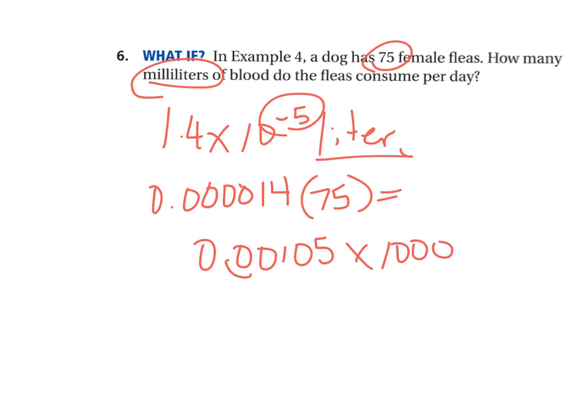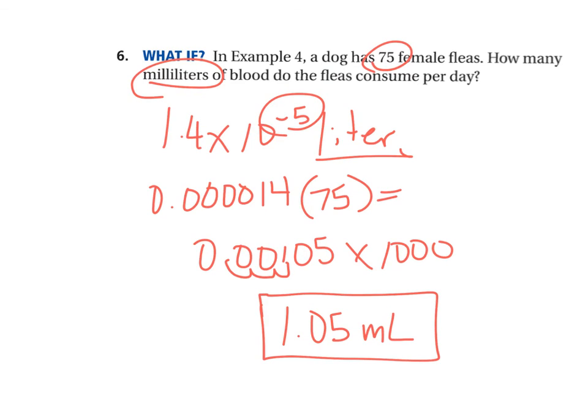And all that does is move this decimal to the right 3 times. So you're going to have 1.05 milliliters. So this flea is going to consume 1.05 milliliters per day. Yippee. So don't let fleas stay on your dogs.